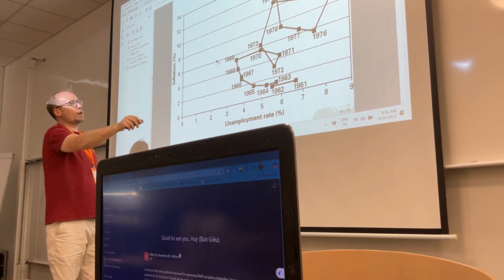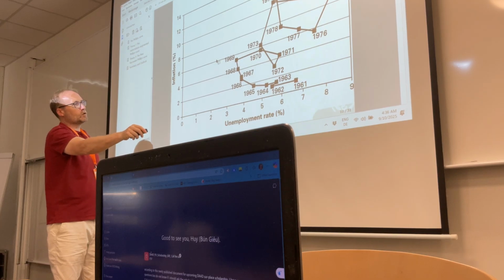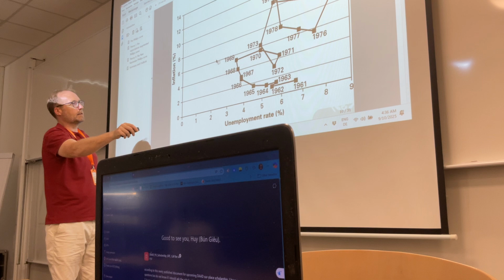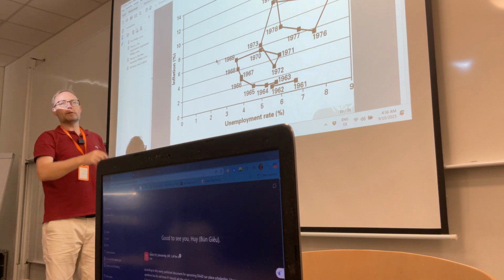And we ended up in a situation where we had unemployment just as high as it was at the beginning of the 60s, but now instead of 1% inflation, we had 11% inflation.